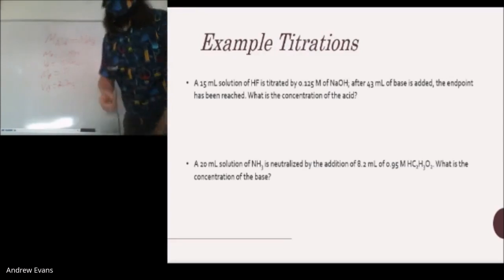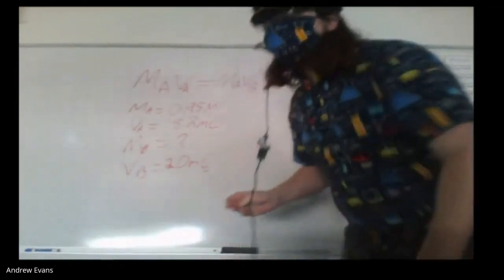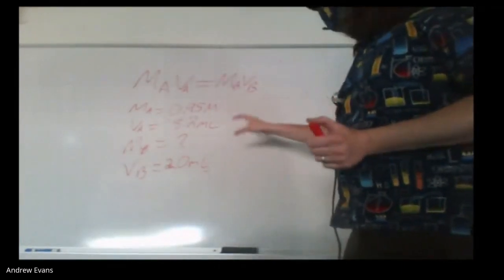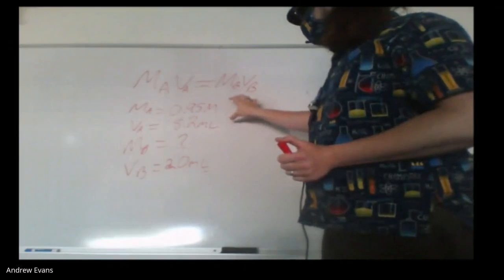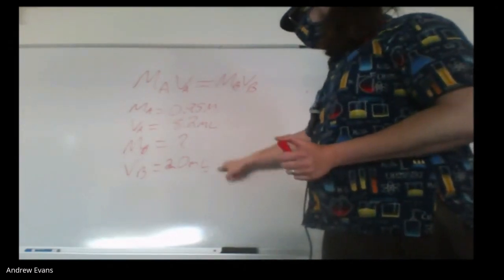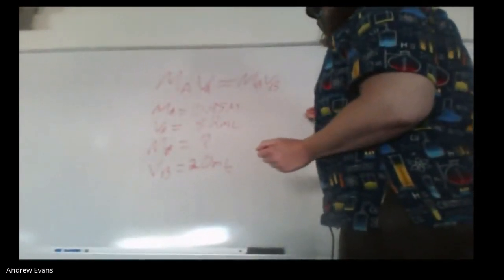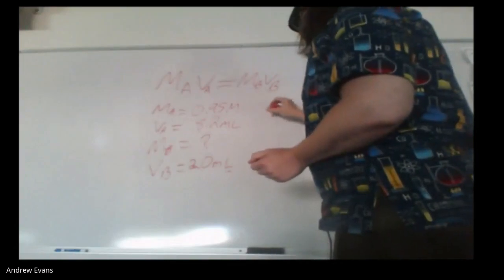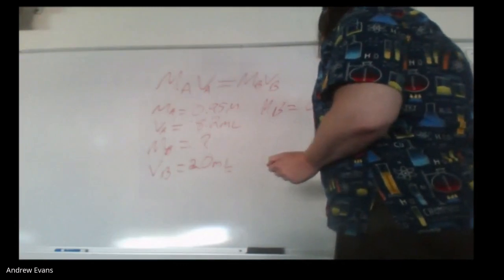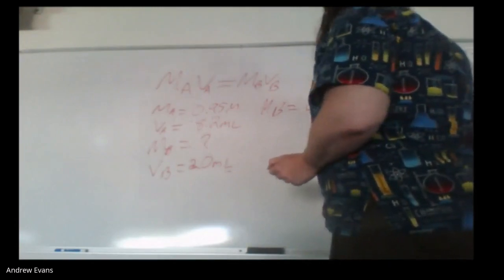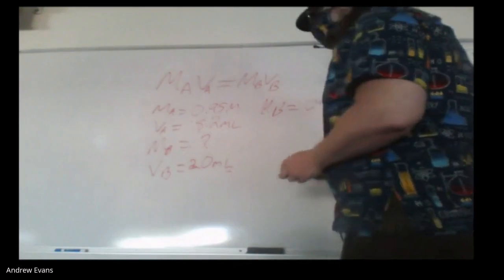The thing most people have problems with is they don't associate the right things together. Even if you don't know this is MA and VA, if you associate this M1 and V1, and that's V2, you solve for the only one you're not given. That's how it's always going to be. So MB is equal to 0.95 times 8.2 mL divided by 20 mL. mL and mL cancel out.